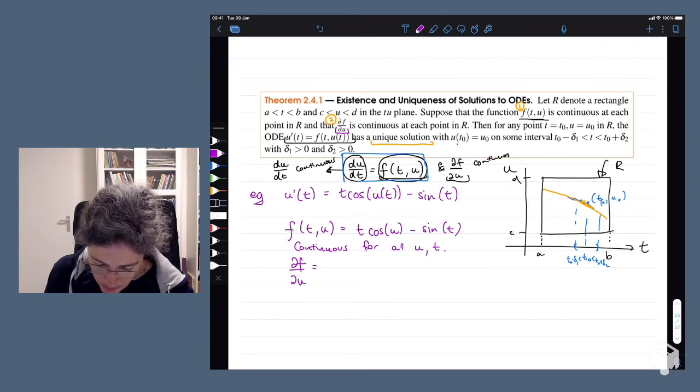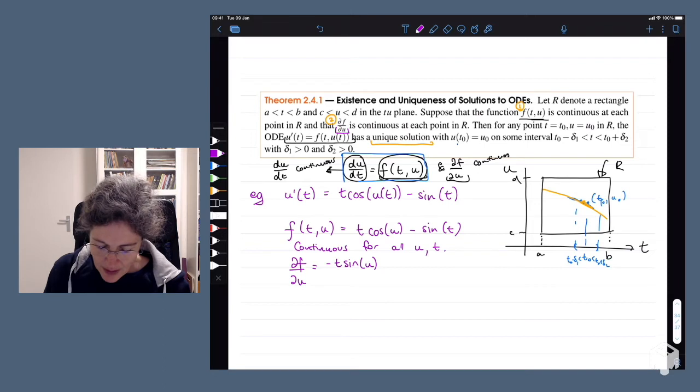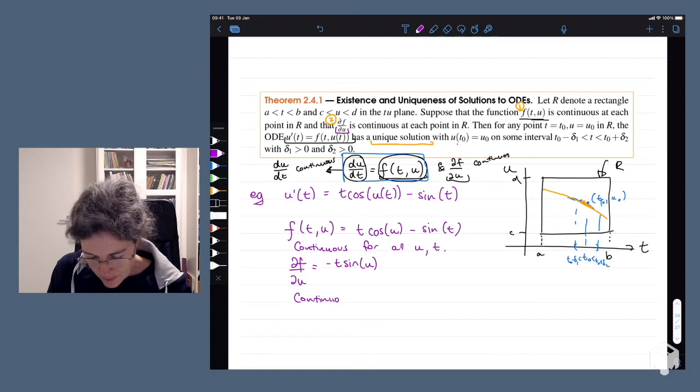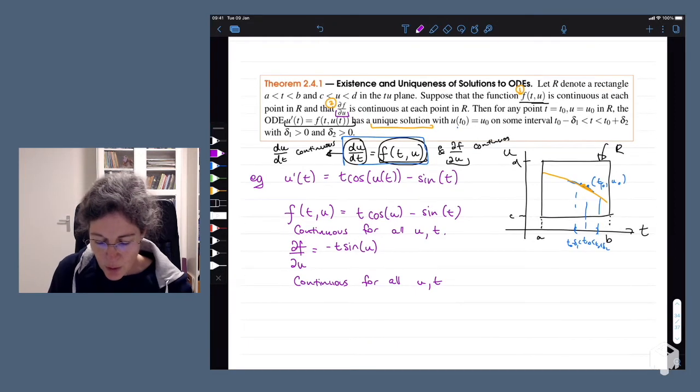That's going to give us minus t sine of u, and that's all. And if you have a look at that, that's also continuous for all u and t.